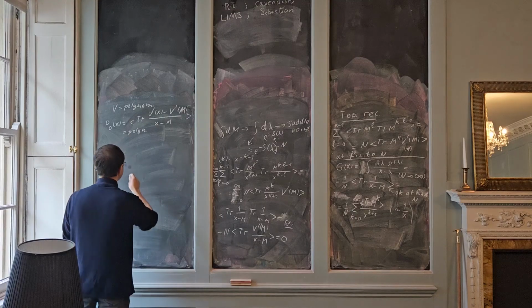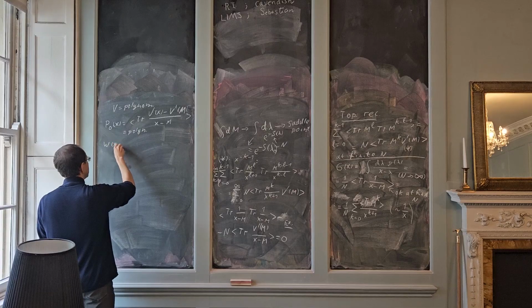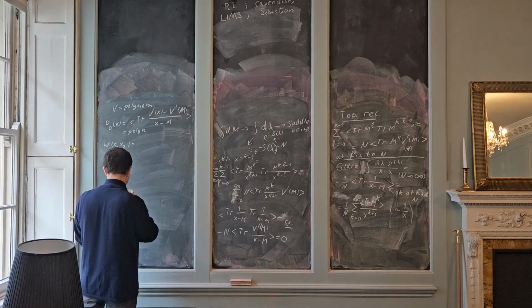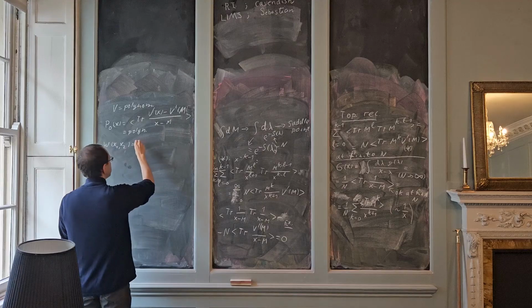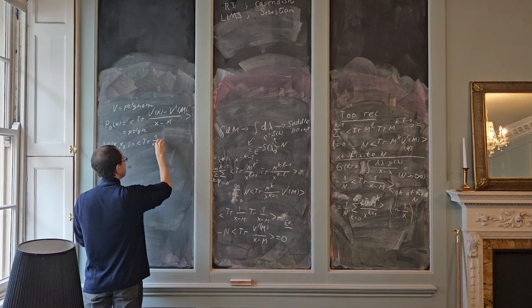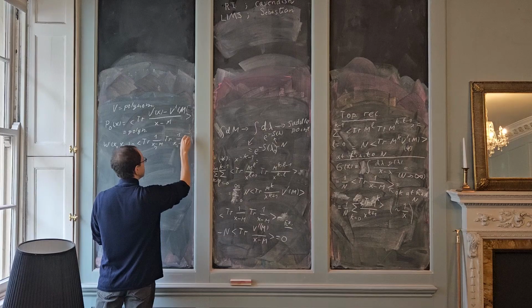Introduce W of x1, x2 to be the trace of 1 over x1 minus m, times 1 over x2 minus m, connected part.